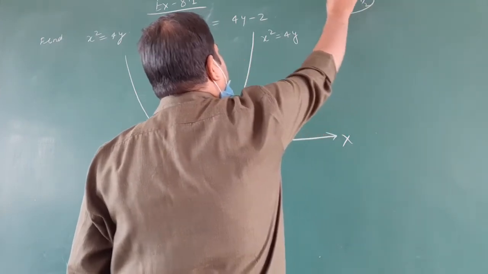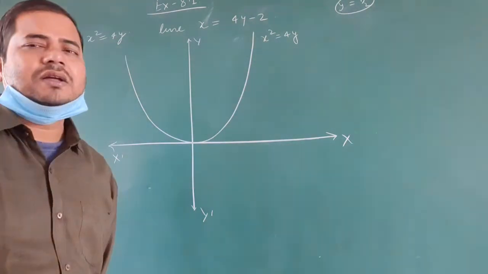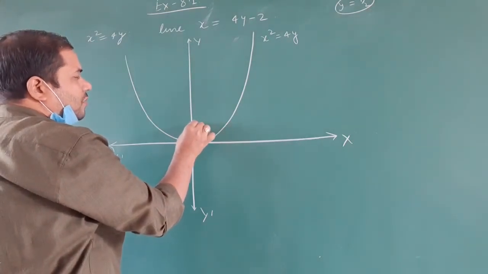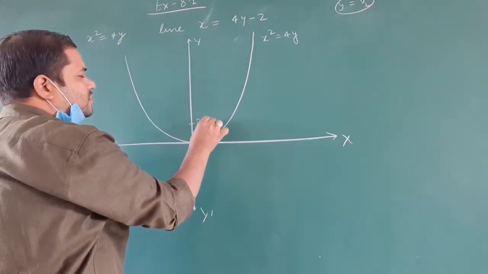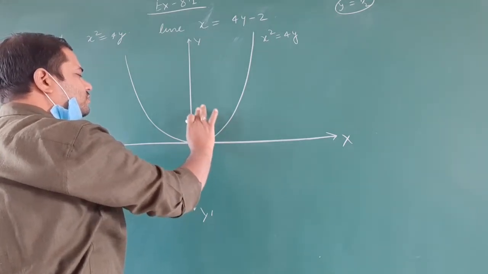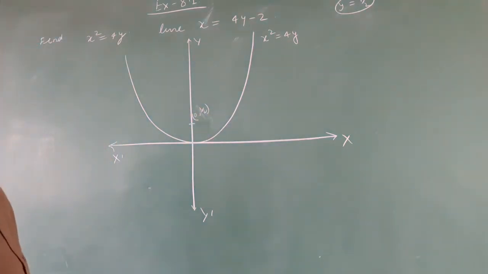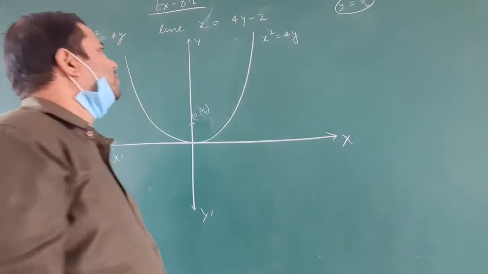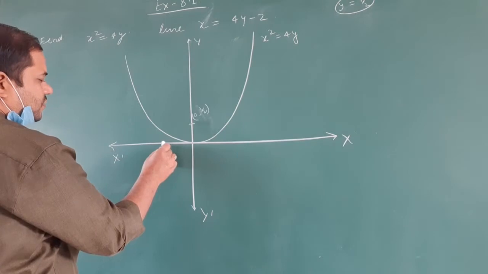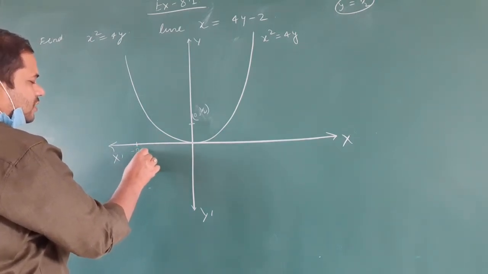So this point is 0, 1 by 2. And if you put y is equal to 0, then x should be minus 2. So this point is minus 2, 0.